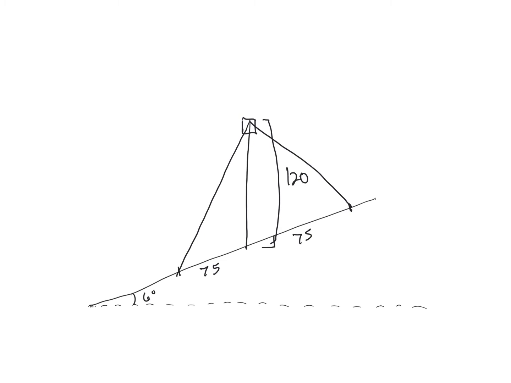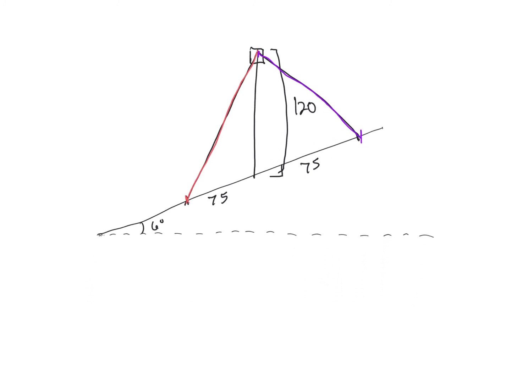We need to find the length of the individual wires, this wire here and this wire here. So let's get to it. We have two distances and we need to find the third distance.